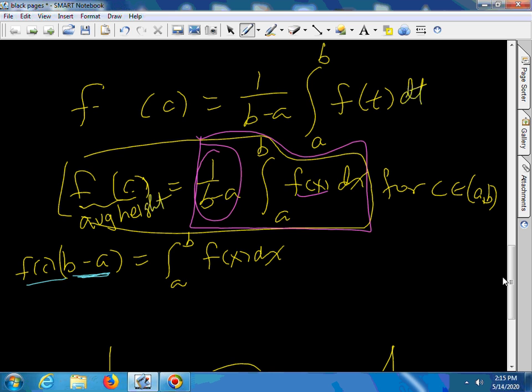And it's guaranteed that for some c in [a, b], f of c will actually equal this number. I know we just proved it. See you next time.